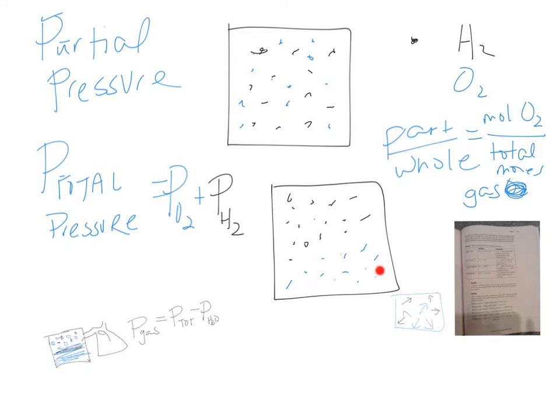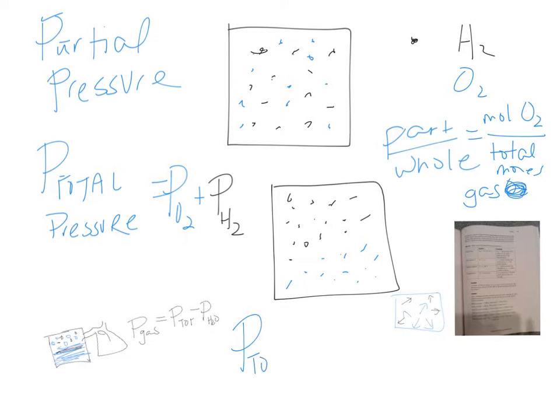So one way to find the pressure created just by the oxygen is to take the ratio of gas that is just oxygen and multiply that by the total pressure.